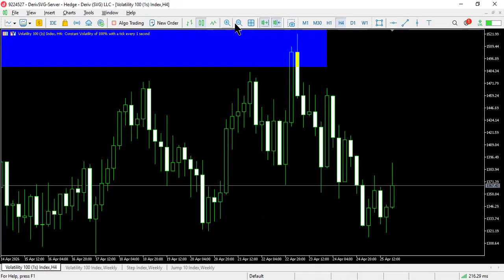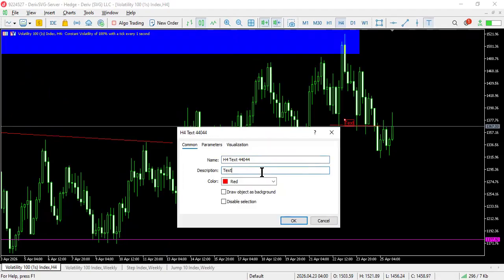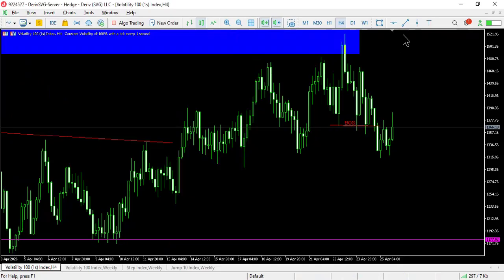If we are to zoom in, we can see that this is the most recent break of structure. So we have a break of structure, and then the order block which caused the break of structure from the 4 hours time frame.